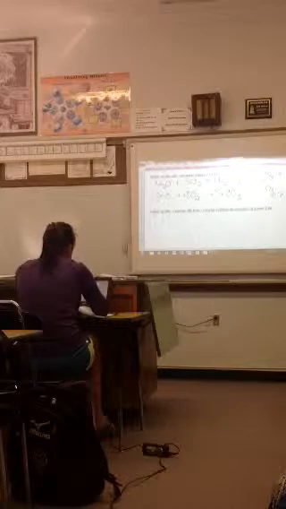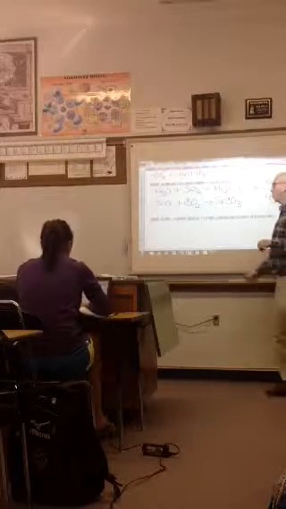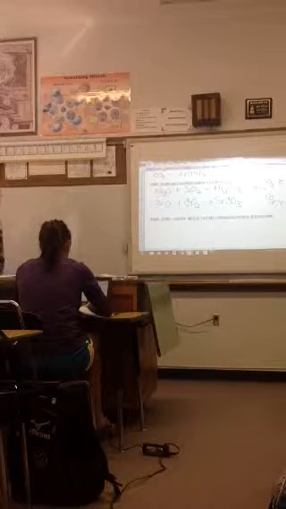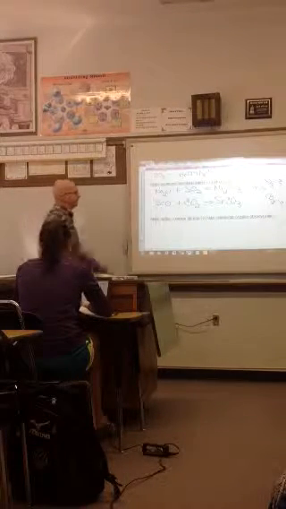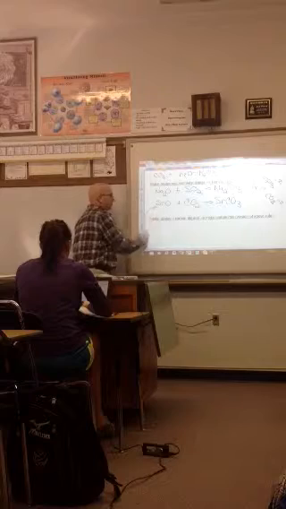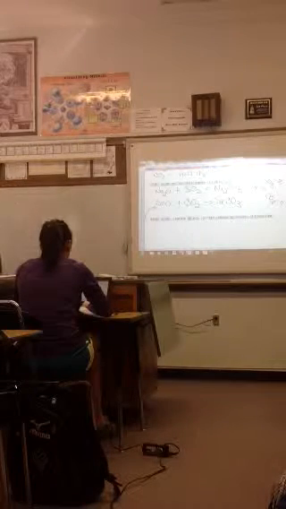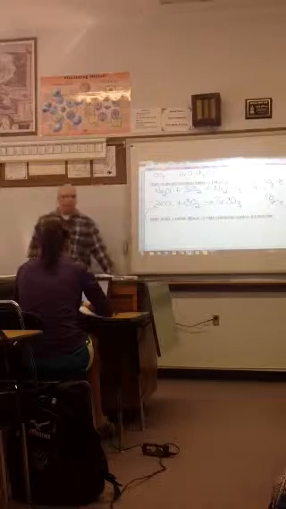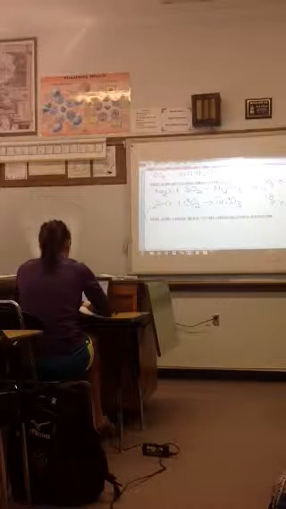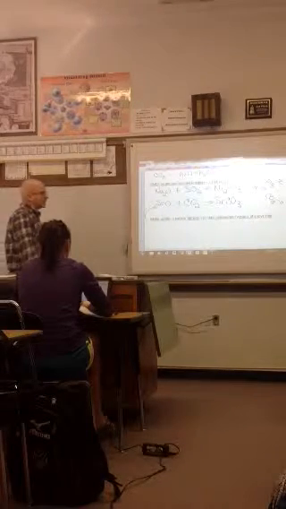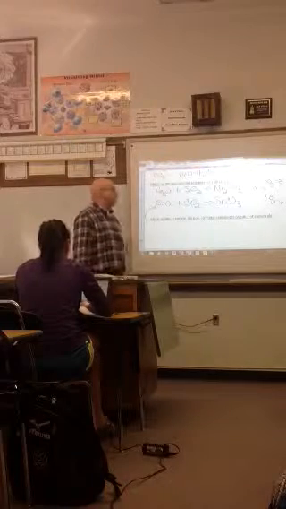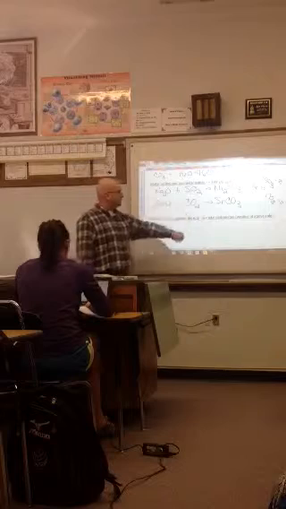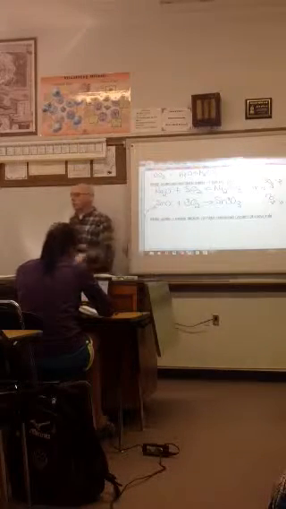Another version of this rule is metal oxides and carbon dioxide give us metal carbonates, which is what we have up there. Anytime you take a metal oxide and mix it with carbon dioxide, you'll always get a metal carbonate. In this case, strontium oxide and carbon dioxide gives us strontium carbonate.